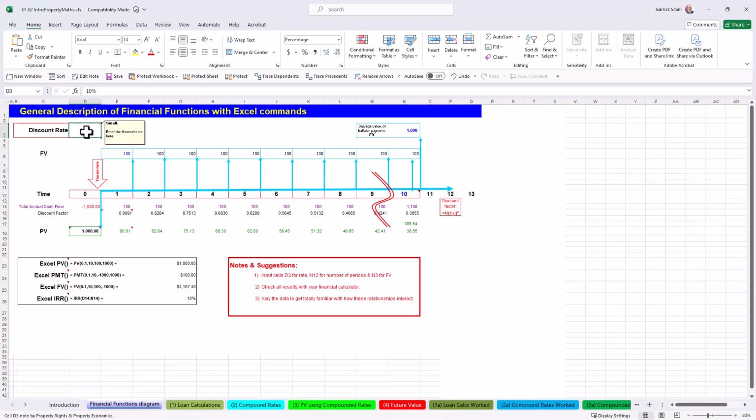Let's go back to the 15% we started with. And we can see now that the returns that we're going to get in the future aren't actually reflected in the same value in a present value sense. In fact, now the present value is only $749.